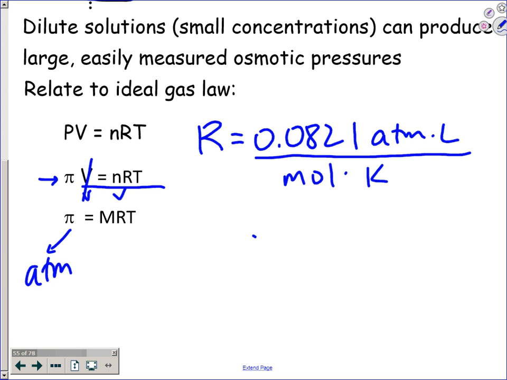They're on your reference table. If you don't convert this to atmospheres and use the other one, I get it, it's fine. Just don't forget that units need to cancel out, okay? M is going to be what? Moles per liter, or molarity, concentration. We know what R is, and T must be in what? Kelvin. So if I give you Celsius, how do you get to Kelvin? Plus 273.